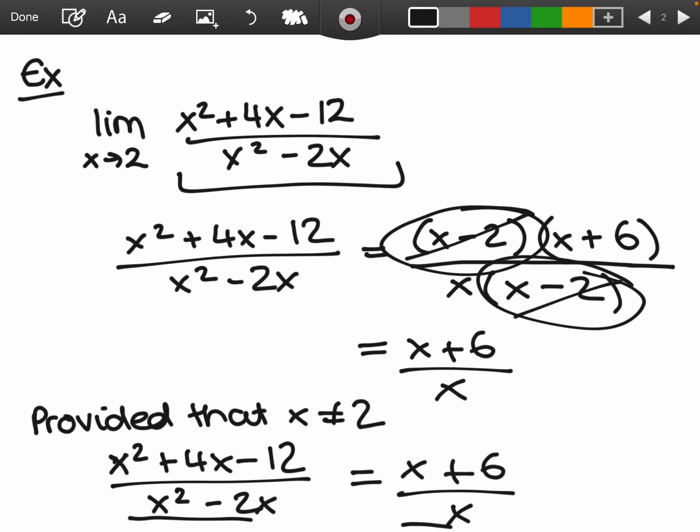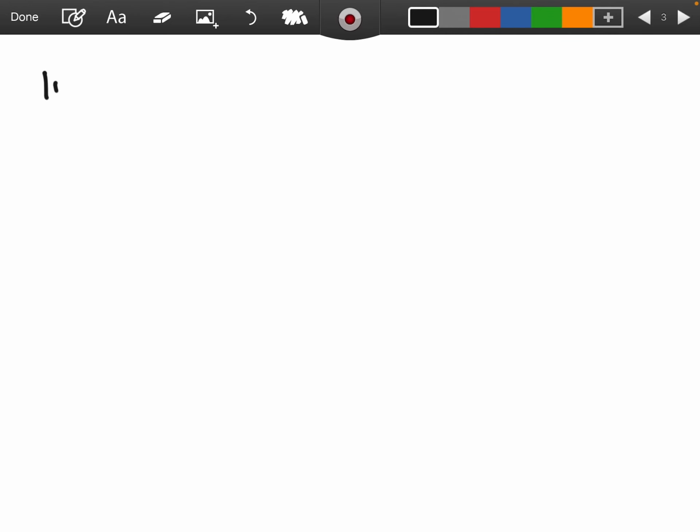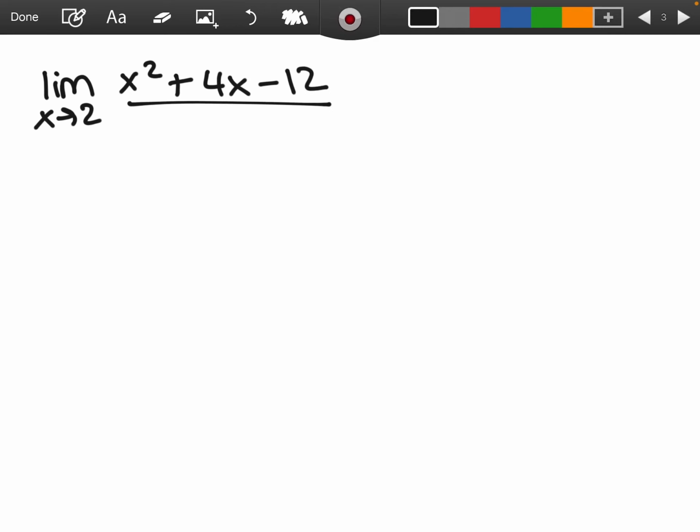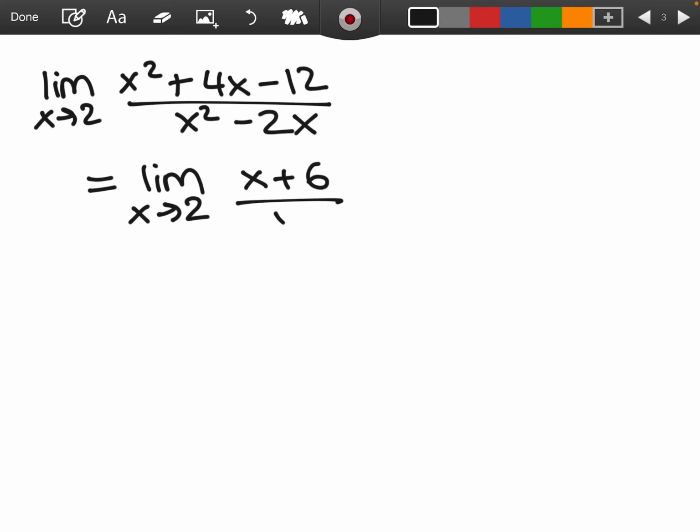So now I can evaluate this limit just by plugging in that value into my new function. The limit as x approaches 2 of x squared plus 4x minus 12 over x squared minus 2x is equal to the limit as x approaches 2 of x plus 6 over x.